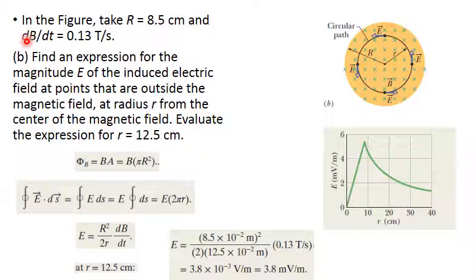This is multiplied by dB by dt, so multiplied by 0.13 Tesla per second. The induced electric field in this case would be 3.8 millivolt per meter. Okay?